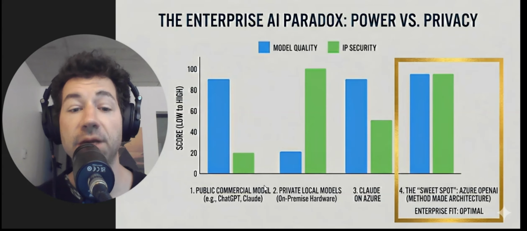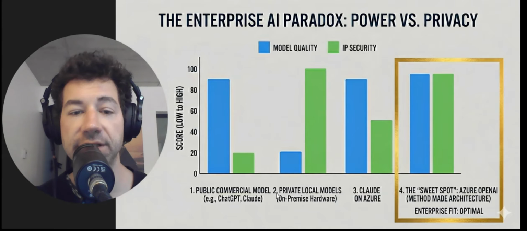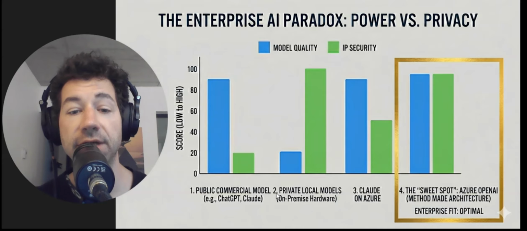Now, let's look at option 2, where you would swing the exact opposite direction. You say, okay, I'm not going to use any models provided by foundation model providers like Anthropic or GPT. So instead, I'm going to go and use a private local model.